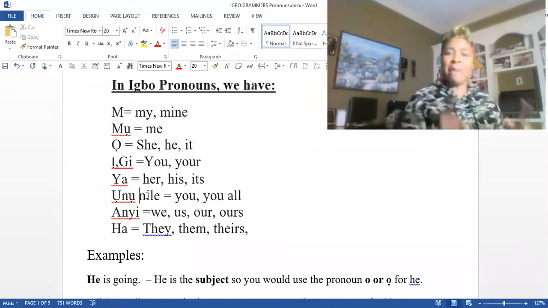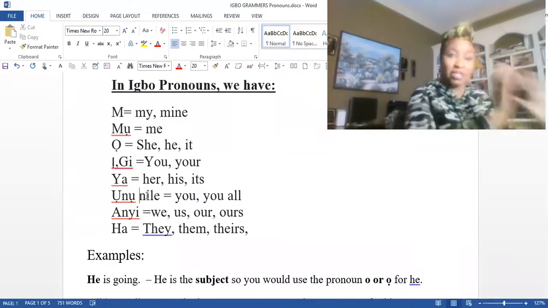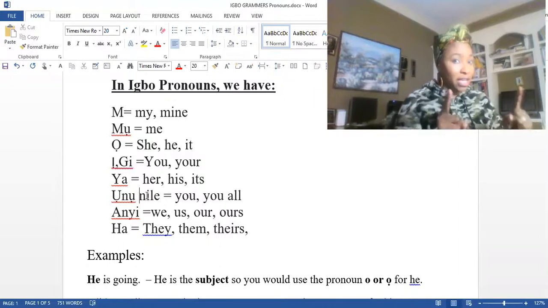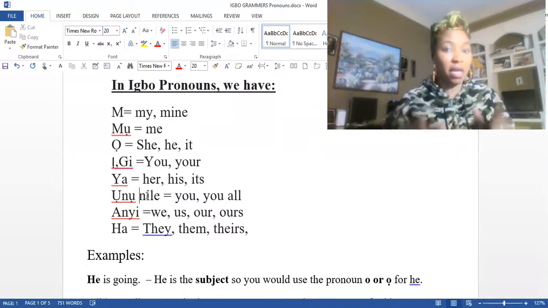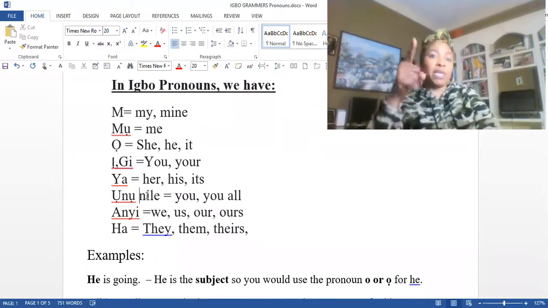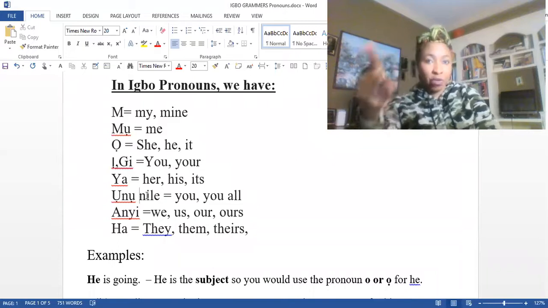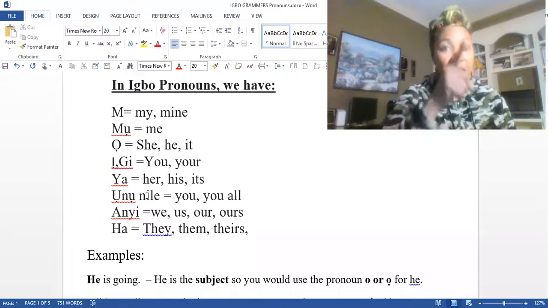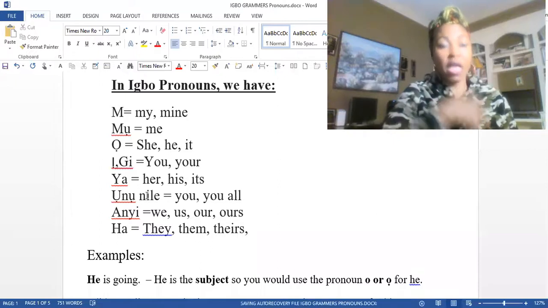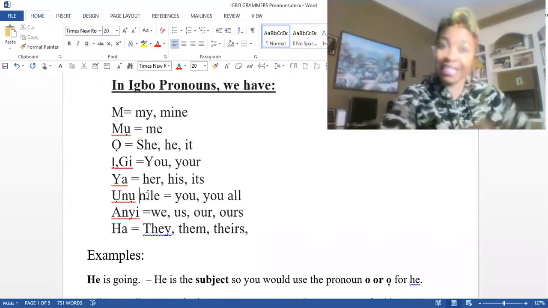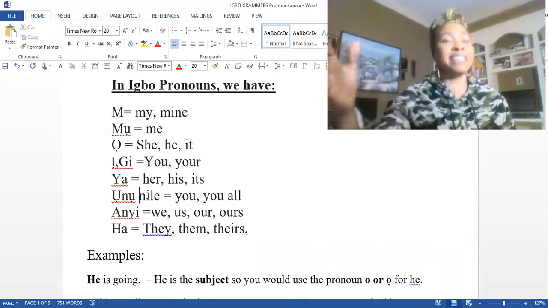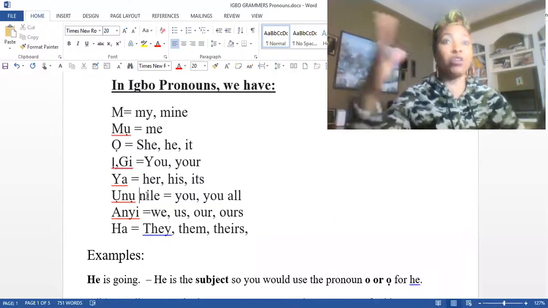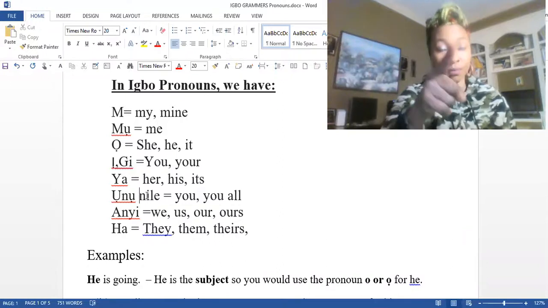Remember, don't get confused when it comes to singular and plural. When I'm looking at someone, I'm looking at Prince, I'm looking at Okechukwu, just one person, I say "you", I mean you, and that's singular. I can also say the same thing when I'm looking at a group of people and say, I'm talking to you.